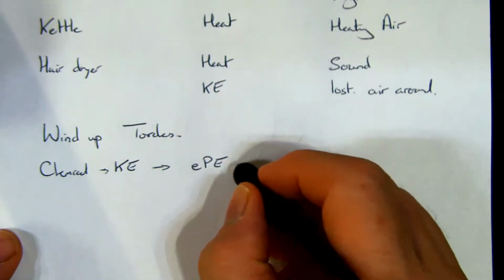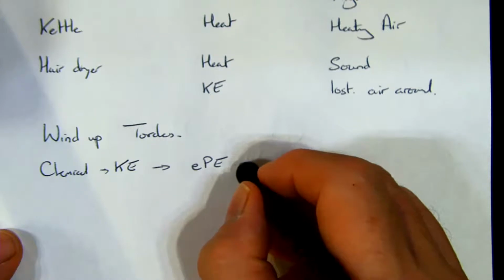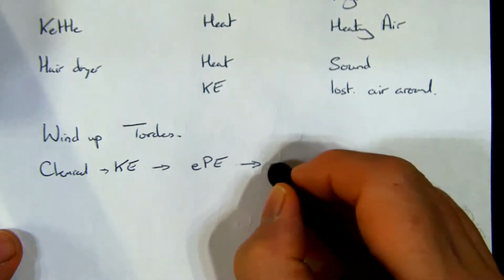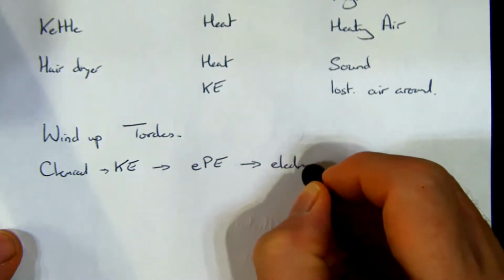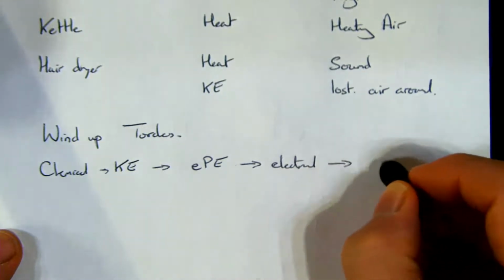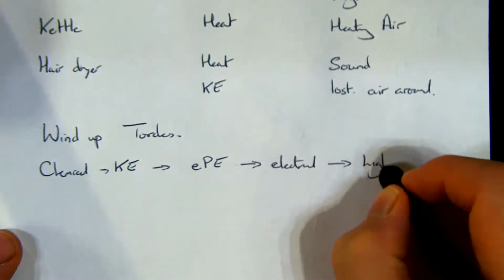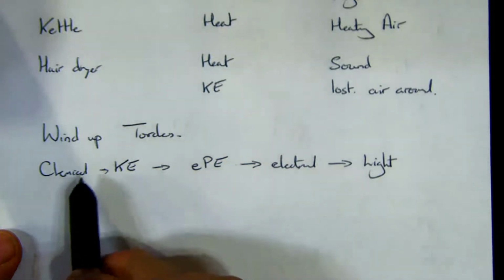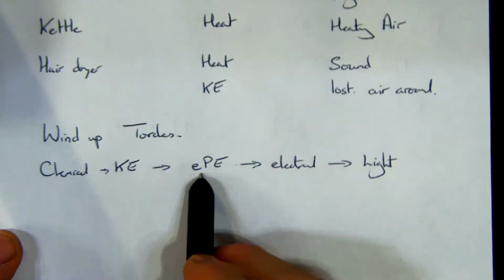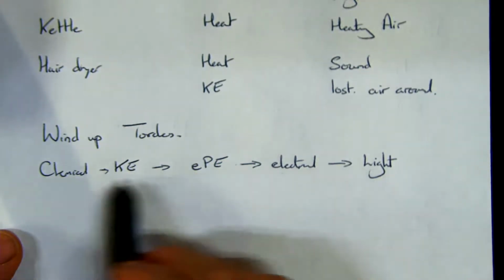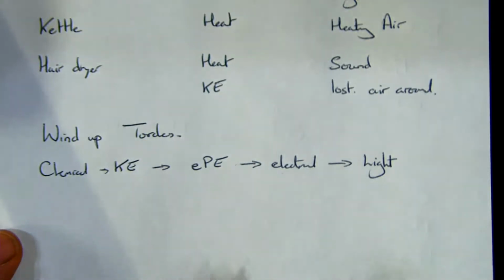This elastic potential energy can then be used to turn into electrical energy, and that electrical energy into light. And at each of these stages, we're going to waste energy.